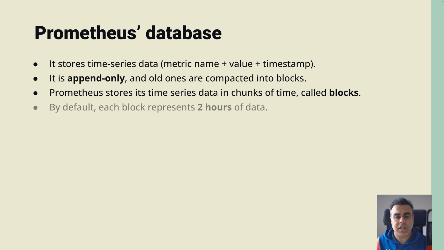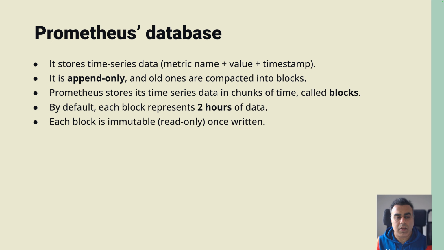And every 2 hours, the block will be put away, and a new block is ready for writing data into it. So we have a lot of 2-hour blocks that represent the data. And each of the blocks is immutable, meaning it's read only, and once written it cannot be overwritten.